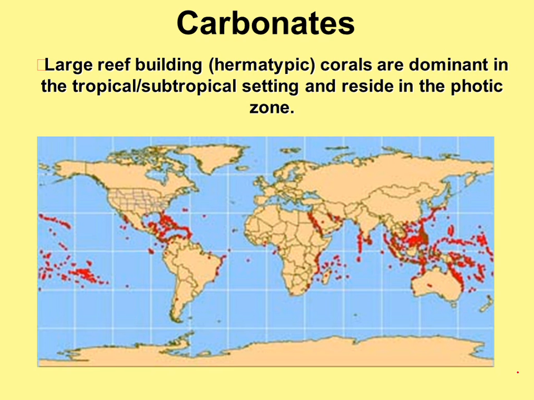Well, the clear water is important because that determines the depth of the photic zone, the zone in the oceans where light penetrates. Why does light come into play here? Well, corals, ironically, are animals, and they're not particularly interested in light. Plants, on the other hand, are, because they need light for photosynthesis.